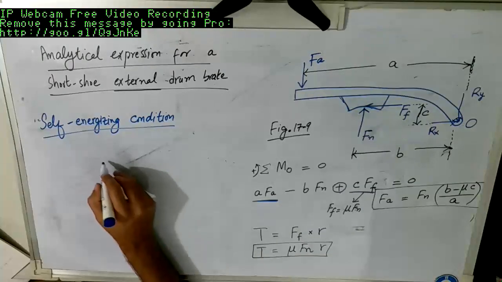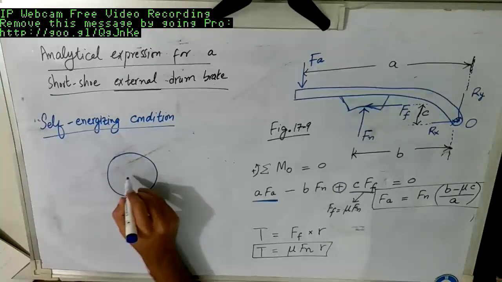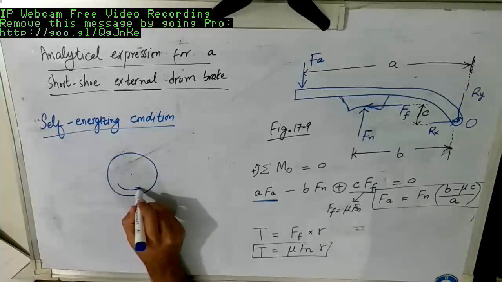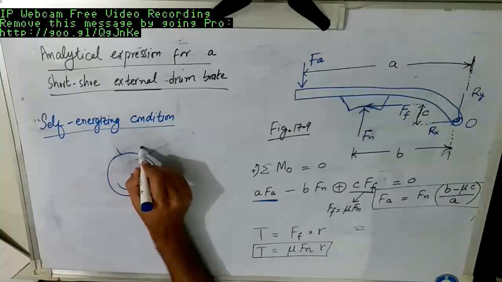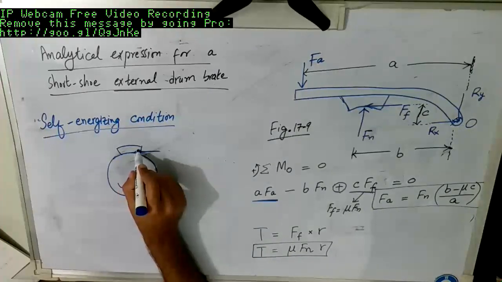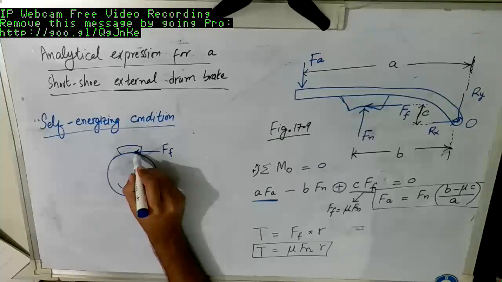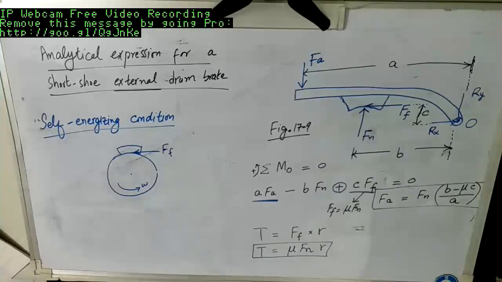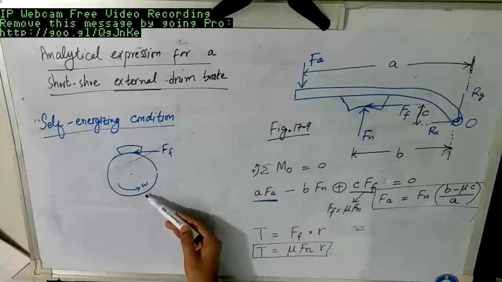And this condition is achieved because we had the direction of rotation omega as counterclockwise here, and here we had the drum, the shoe, and this kind of frictional force condition Ff. As you can see, I have reproduced the same here.